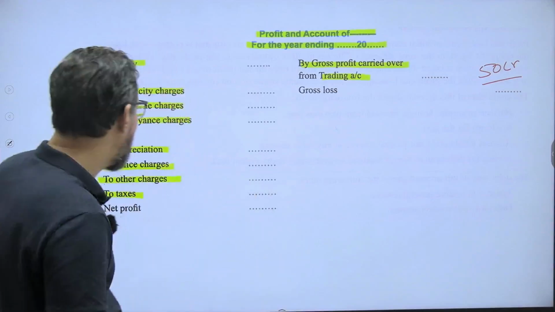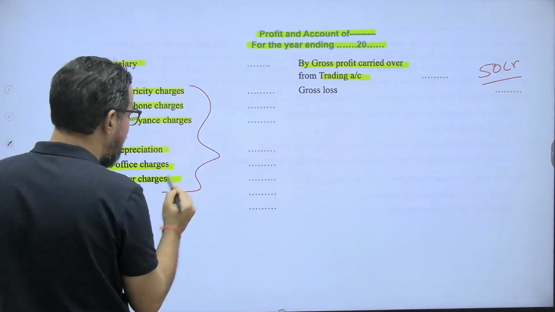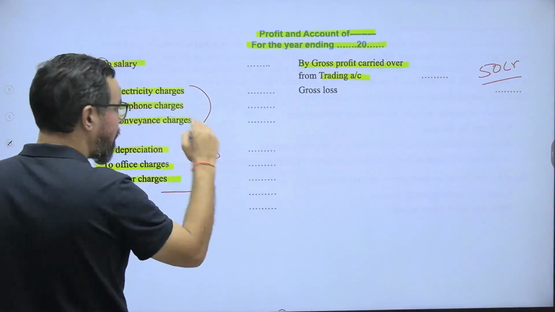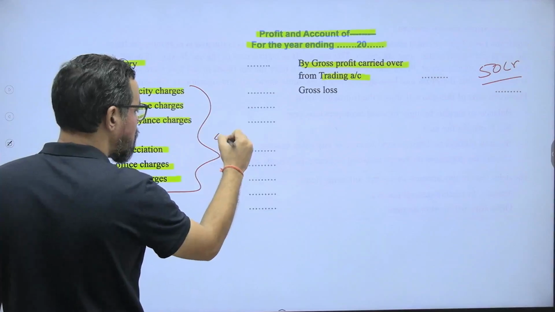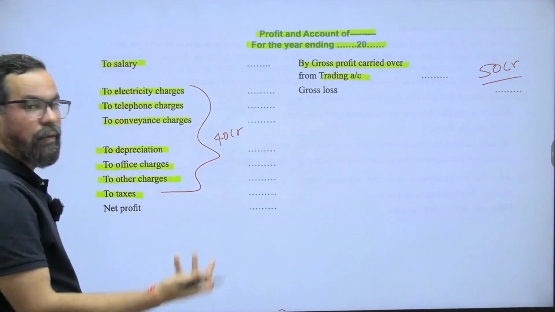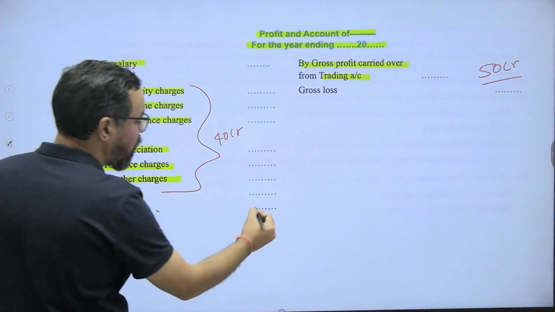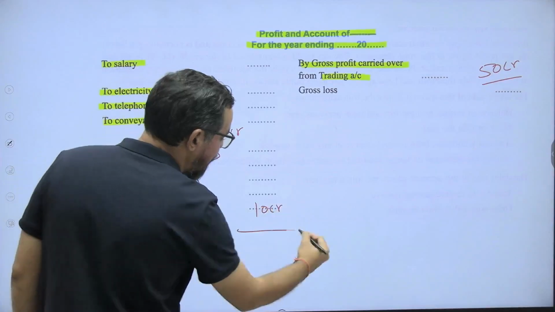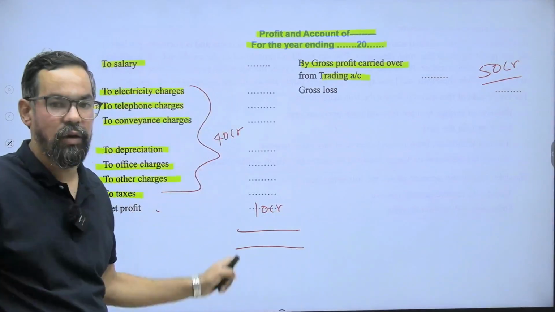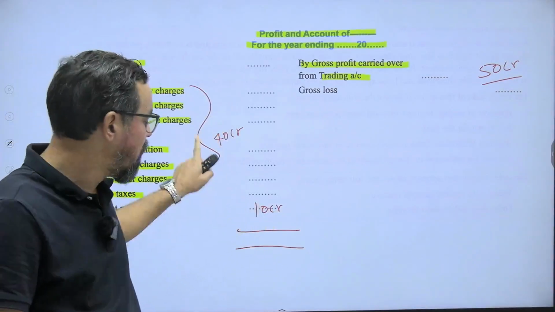Then the total of this side is, let's say, 40 crores. So that means we made a net profit of 10 crores, then both sides will become equal, 50 crore, 50 crore.